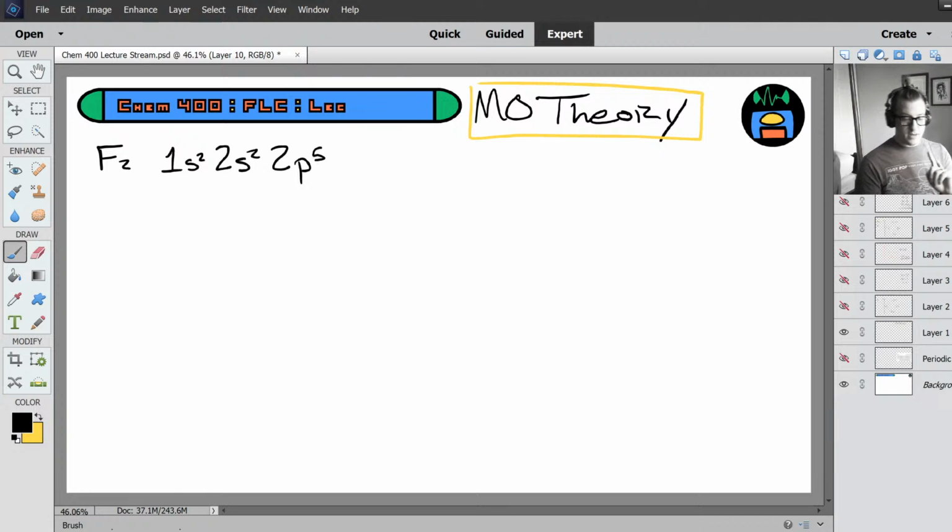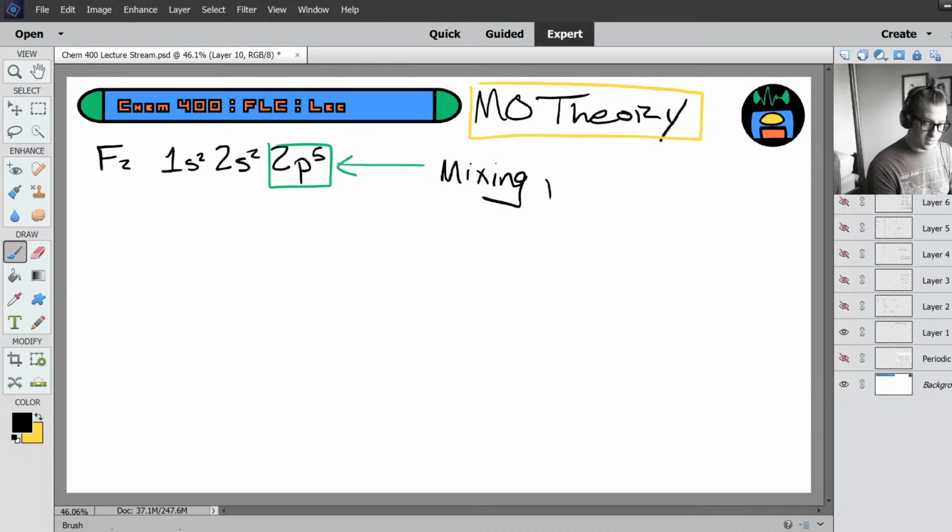Before we can draw the molecular orbital diagram for difluorine and calculate its bond order, we need to talk about mixing p orbitals.